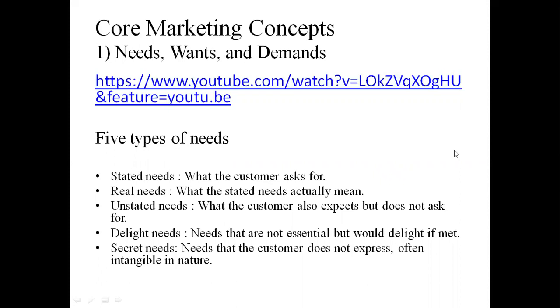With the help of an example, we will discuss all these types of need in the next slide. First, focus on the basic definitions. Unstated need is what the customer also expects but does not ask for. Delight need is a need that is not essential but would delight if met. And the last one is secret needs, needs that the customer does not express, often intangible in nature.